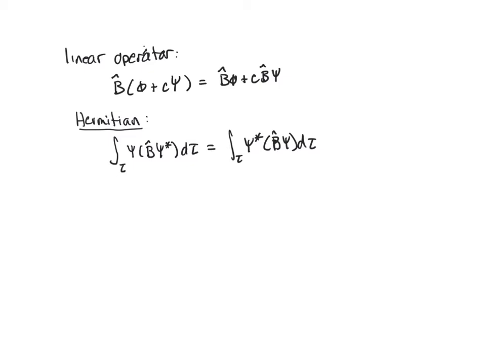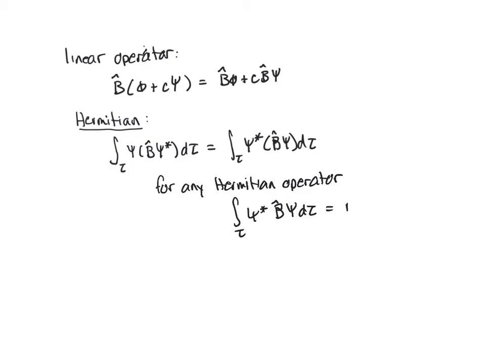The reason that this is important is because if this is true, for any Hermitian operator, what we find is that psi star times the operator times psi integrated over all space is a real number.